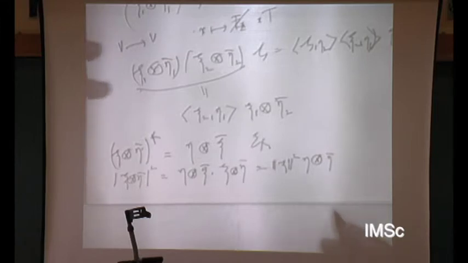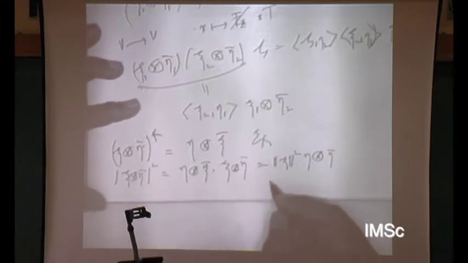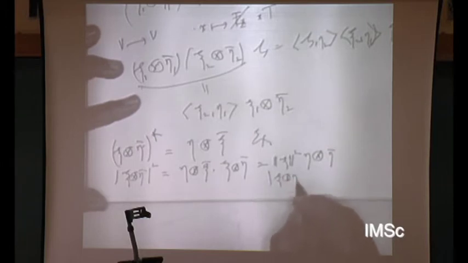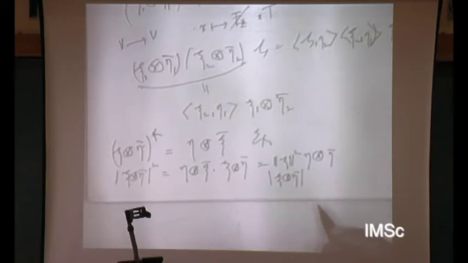Okay, so that means mod psi tensor eta bar. So I want a positive operator whose square is this operator. Assume for the moment that eta is norm 1. If eta has norm 1, then what is eta tensor eta bar?